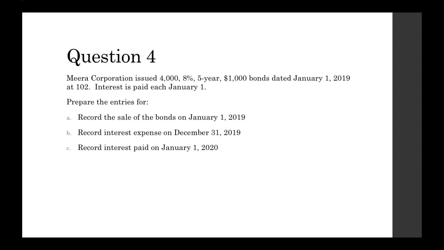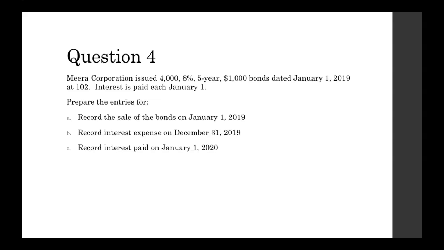5-year, that's our term. That's telling us how long down the road Mira Corporation will pay back these bonds, right? In 5 years, they will mature. The bonds will mature and they're going to have to pay back the money. Then we have the 1,000.